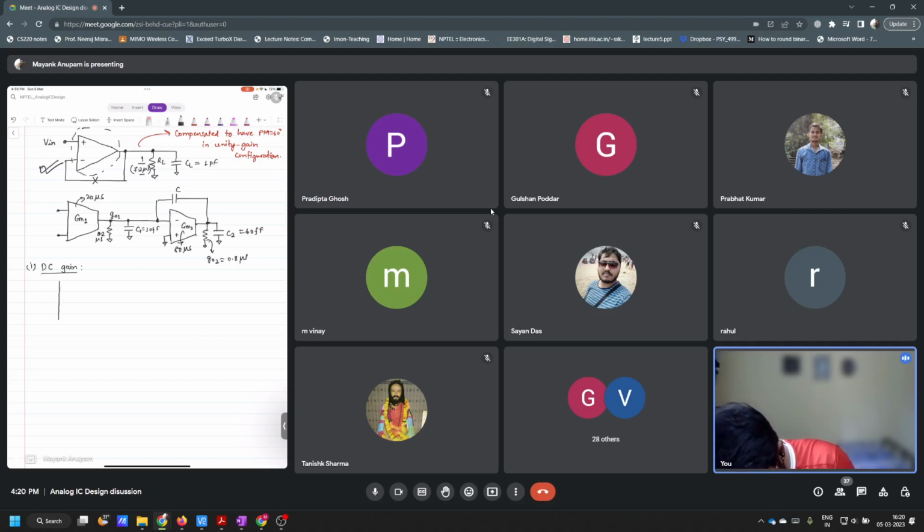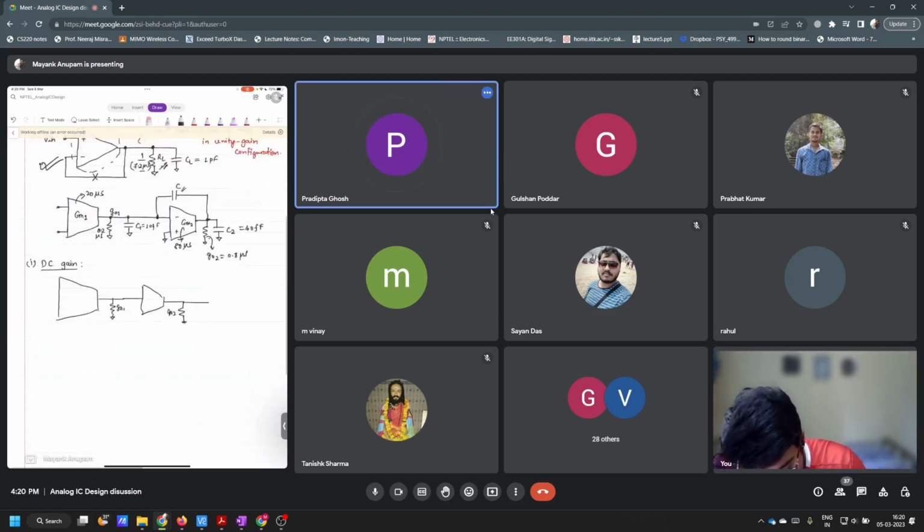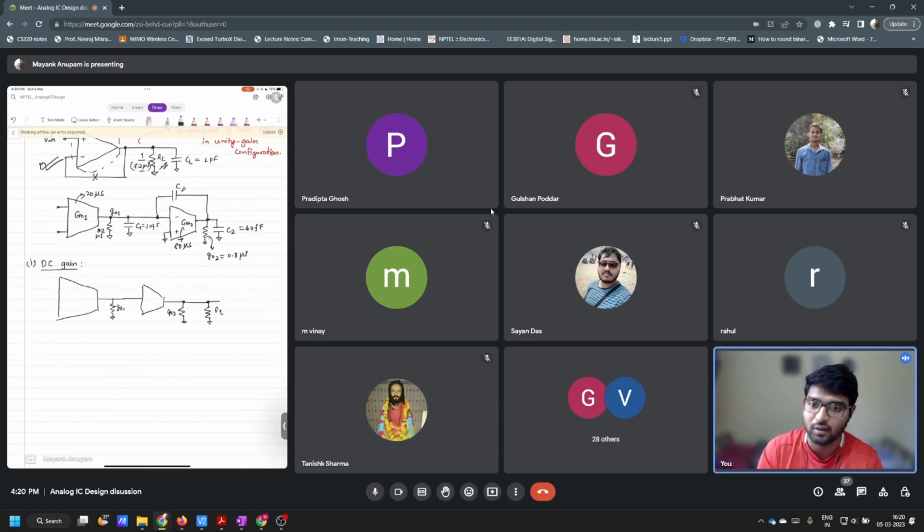We'll have this GM1, and this G naught 1. There is no problem there. We have this GM2. Then the capacitors are open, so CC is gone, this C is gone, this C is gone. After that there is G naught 2 here, but you also have this resistance RL, which comes here in parallel to G naught 2. And CL is also not present in the DC calculations, correct?